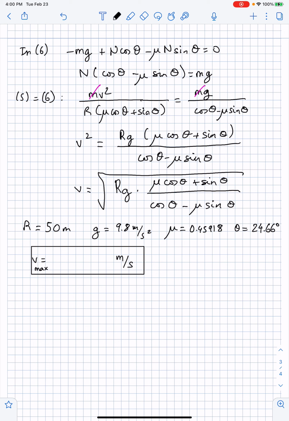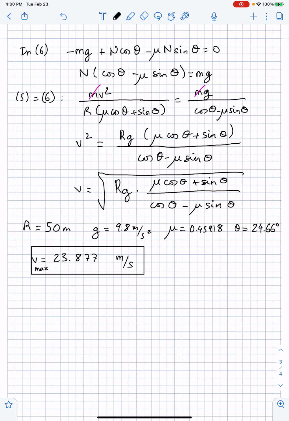And that gives me a speed of 23.877 meters per second. Okay, so this is how fast the car can go safely without skidding, without getting off the road.